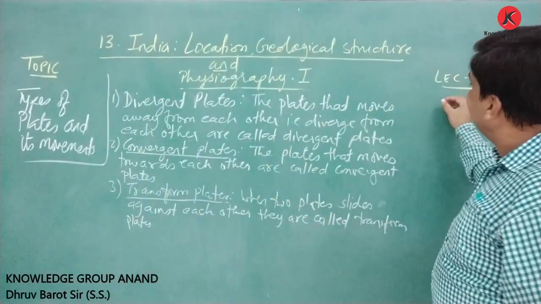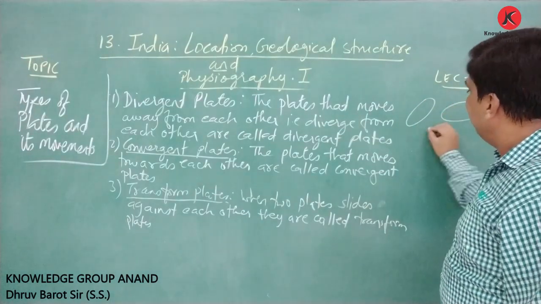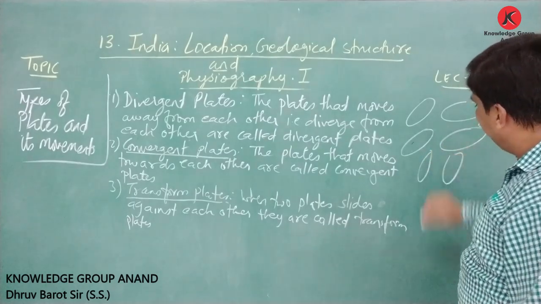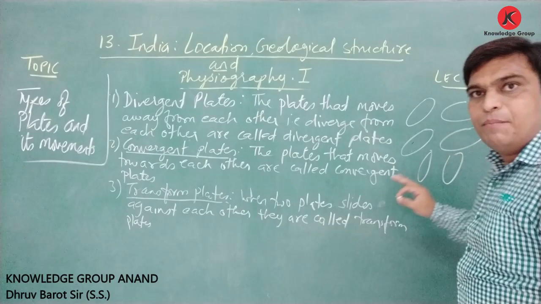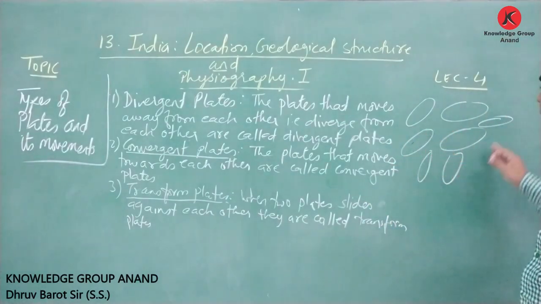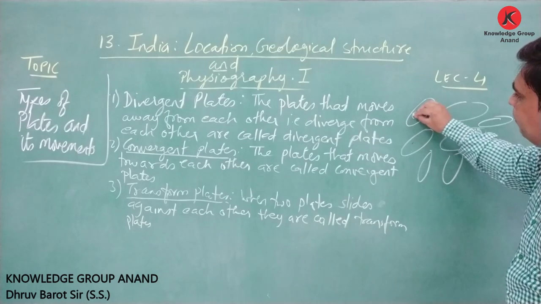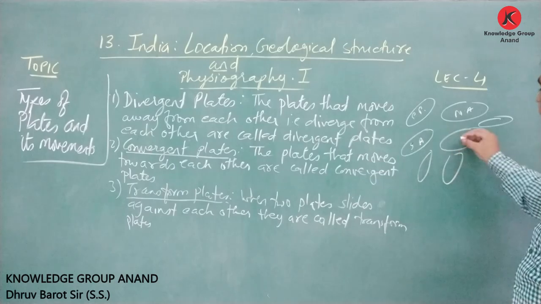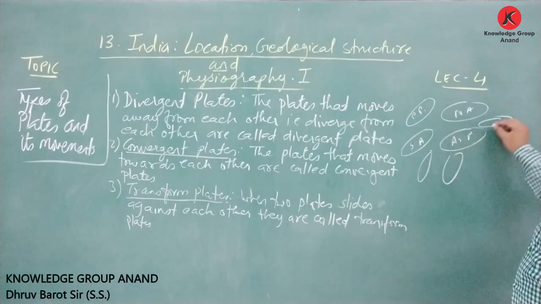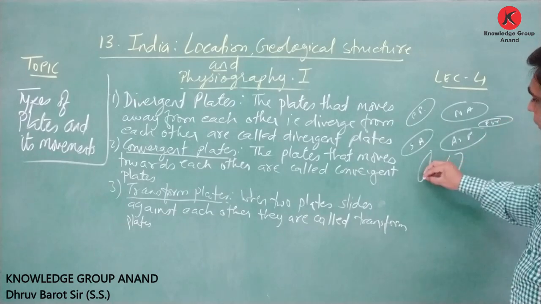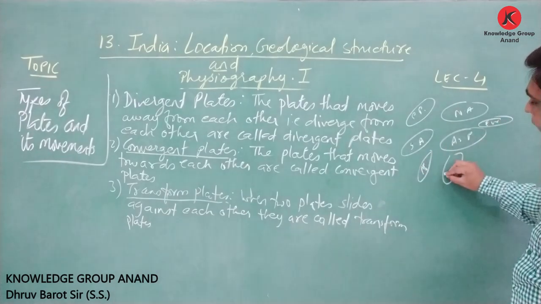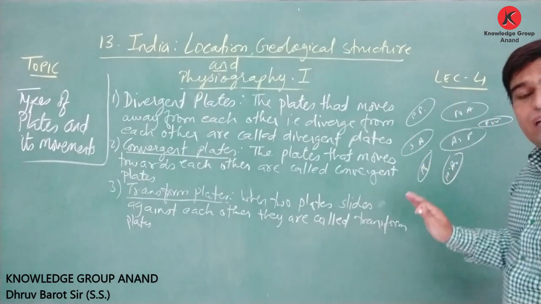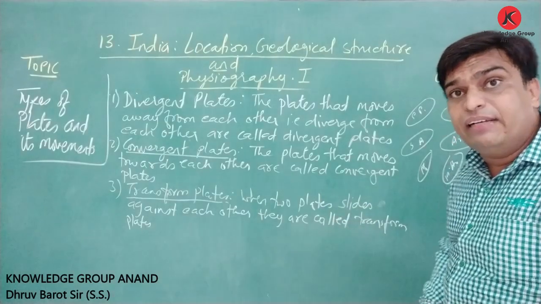As you know, there are 7 big plates. For example, take these as different plates. This is the Pacific plate, this is the North American plate, this is the South American plate, this is the Antarctic plate, this is the Eurasian plate, this is the African plate, and this is the Indo-Australian plate. If we assume these are the 7 plates, what are the divergent and convergent activities?